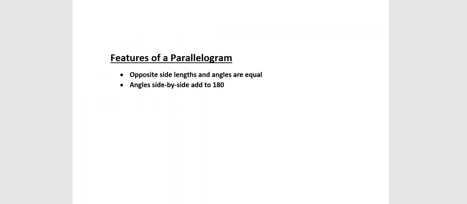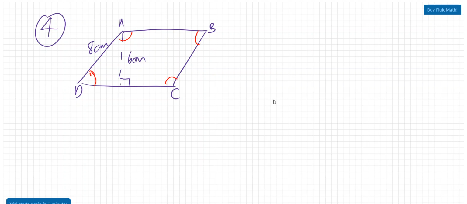And features of a parallelogram include this: opposite side lengths and angles are equal. So what that means is, if we were focusing on the side length, these side lengths here are opposite and they're equal, as well as these 2 side lengths. But what's important is the angles that are opposite to each other are equal.